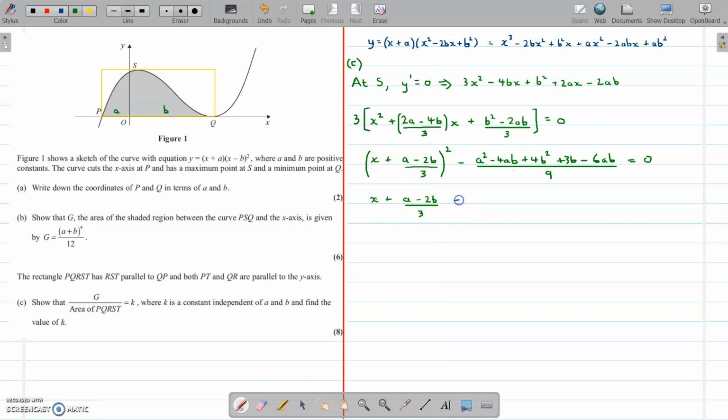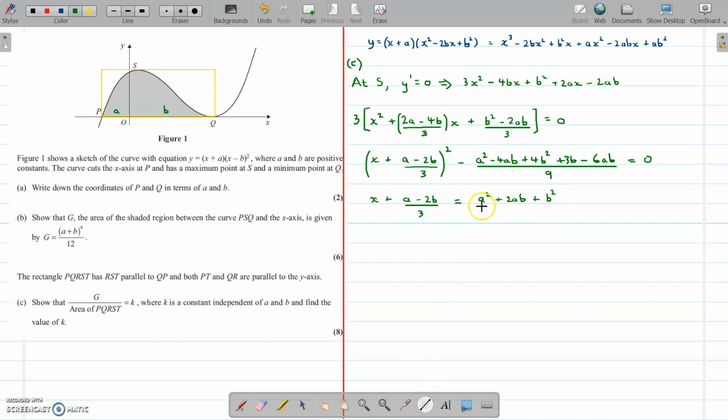That equals, now it equals this, but simplified actually gives me a squared, plus 2ab, you can easily check this out yourself, plus b squared, and that's all over 9.